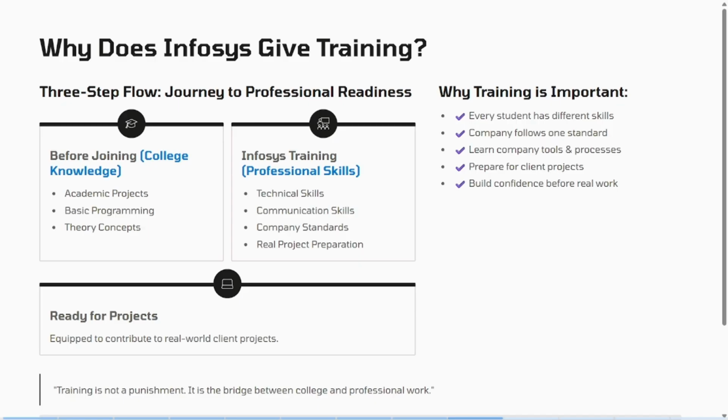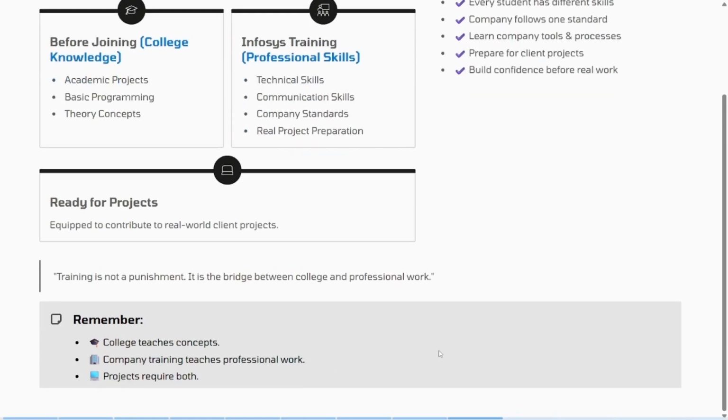Infosys first teaches everyone the skills required for working in a company. You can think of training as a bridge between college and your first professional project.